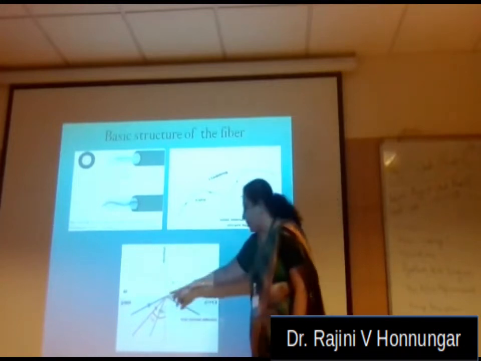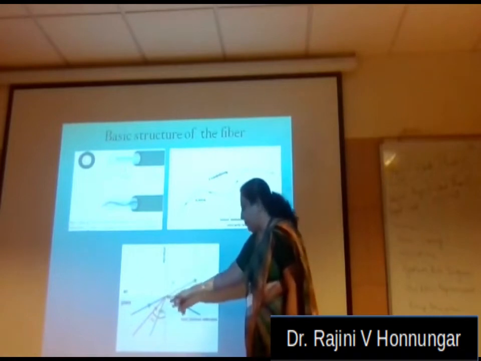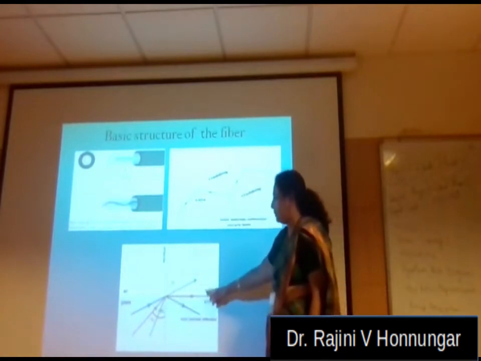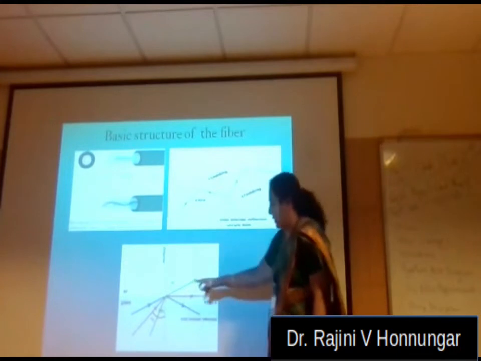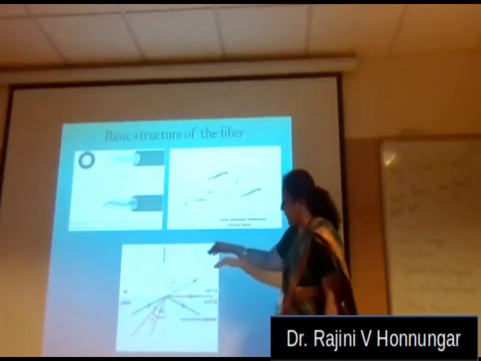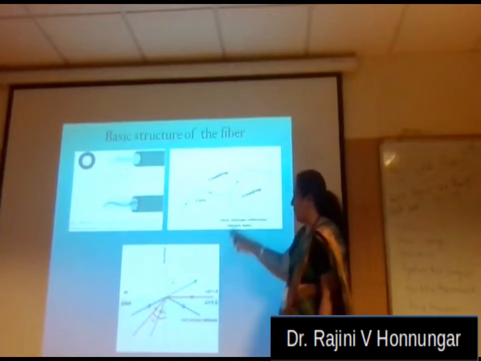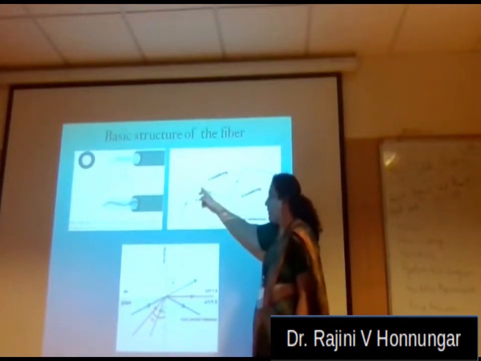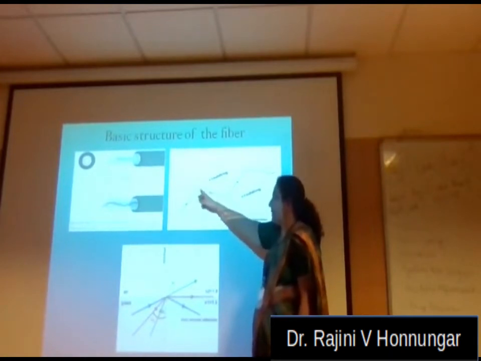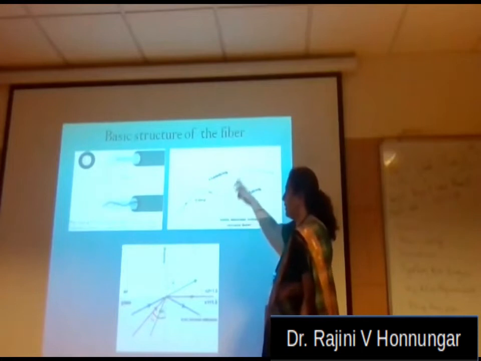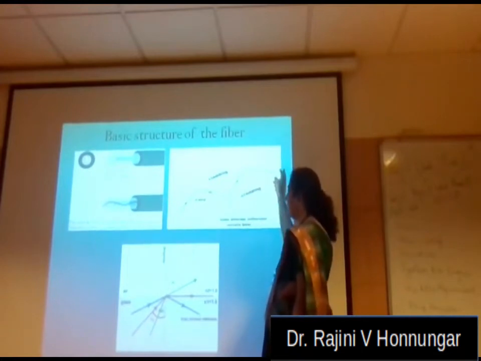Any angle of incidence greater than this critical angle will make the light totally internally reflect back into the core region. So almost all the rays which hit at an angle greater than theta c will be reflected back to the core and propagate inside the core region.